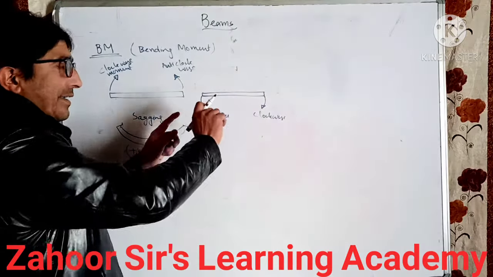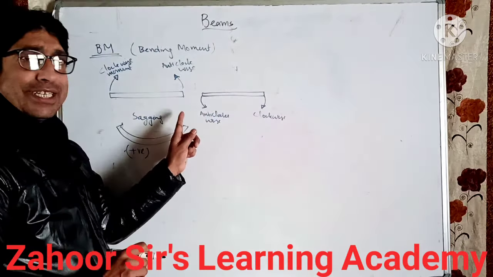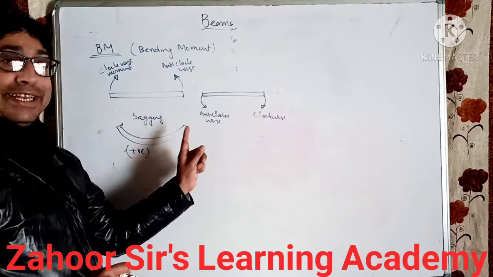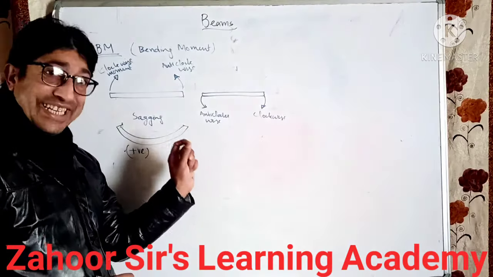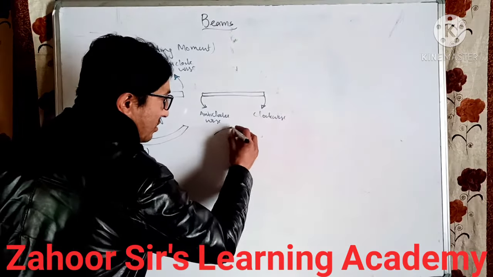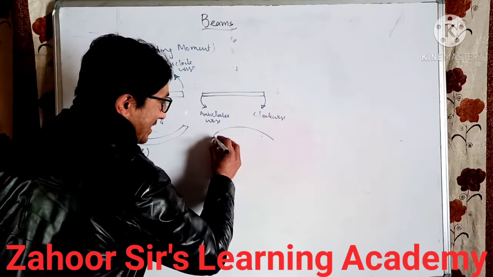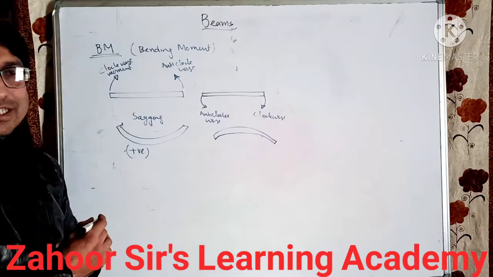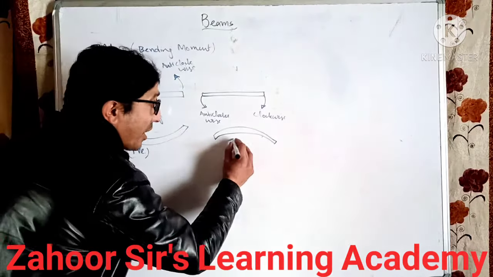So when the right side of the beam has the clockwise movement and the left side of the beam has anti-clockwise movement, the beam will be like this. So this is called hogging.